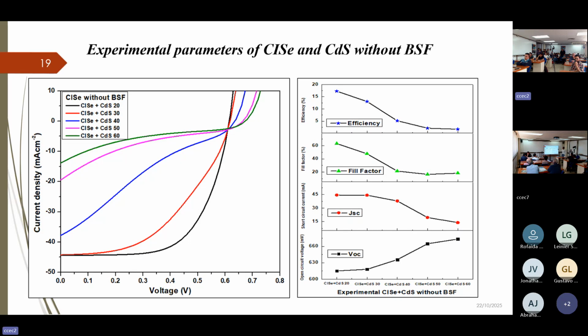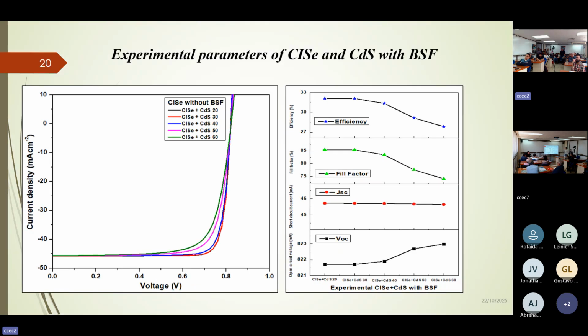CdS thickness has a greater impact on the solar cells, because with increasing thickness, we get lower efficiency, I think less than 2% with increasing thickness. So without BSF, the CdS thickness greatly impacts the performance.